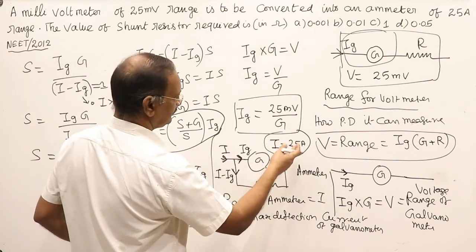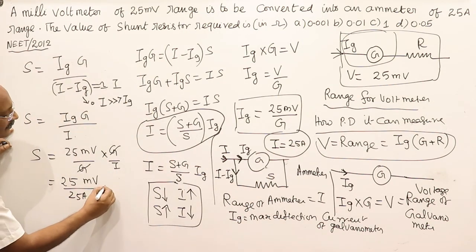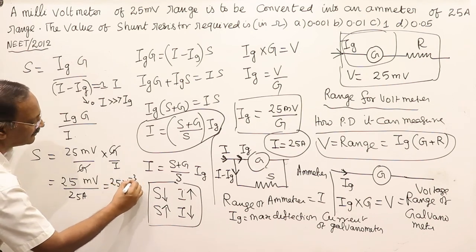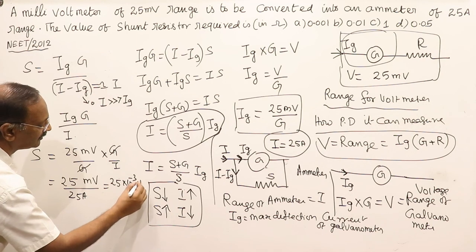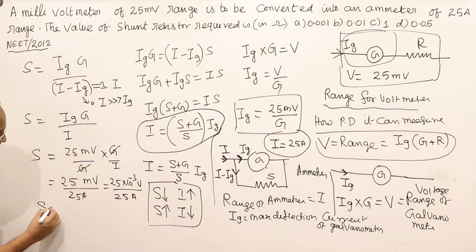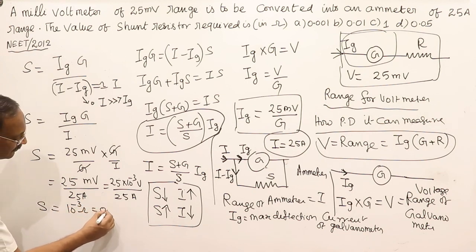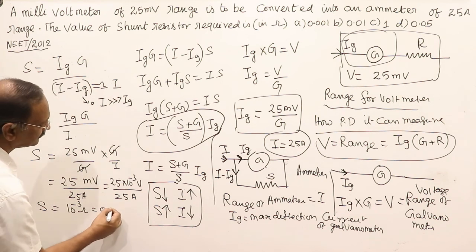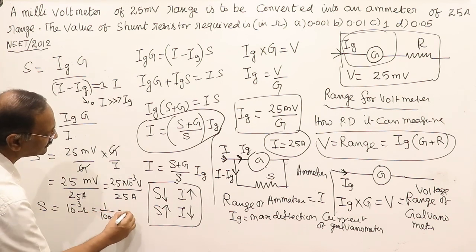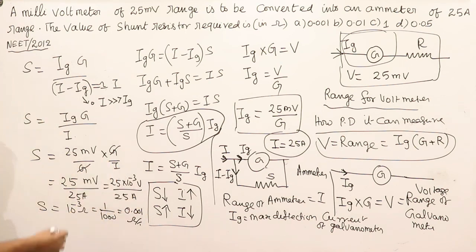I is equal to 25 ampere. So this is equal to 25 into 10 to the power minus 3 volt divided by 25 ampere. Therefore the shunt resistance is equal to 10 to the power minus 3 ohm, which comes to 1 by 1000, equal to 0.001 ohm. This is the answer for this question.